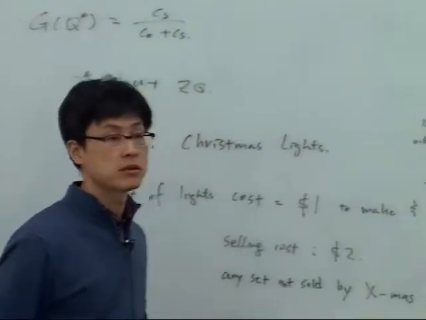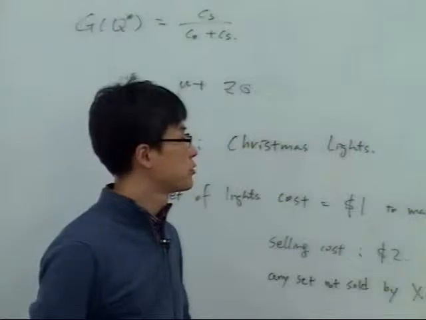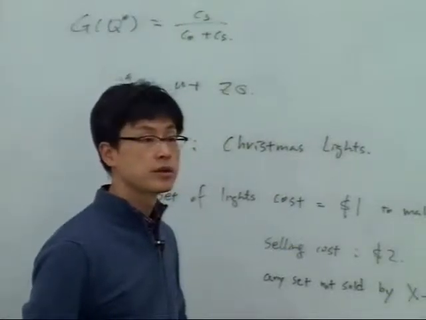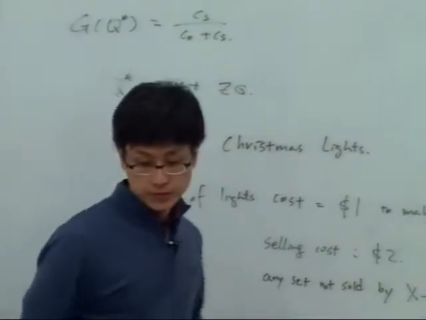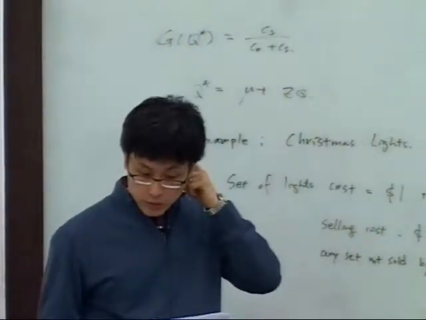Okay, any question? Yep. What does G mean? G is just probability. G is CDF probability.